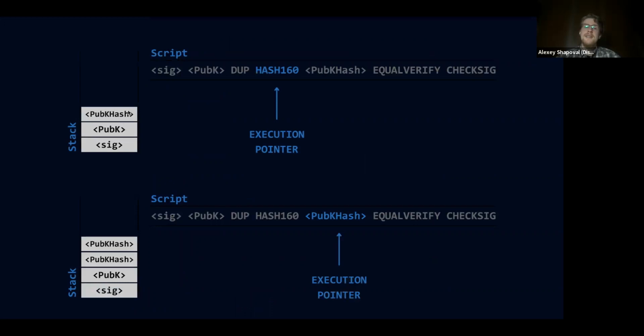And again, this is the address of the person who allegedly wants to receive the coins. Then we take the public key hash from the input and put it also on top of the stack. So now we have two public key hashes, hopefully ones that are equal, or at least they should be equal if it is the person who is the recipient of the coins.